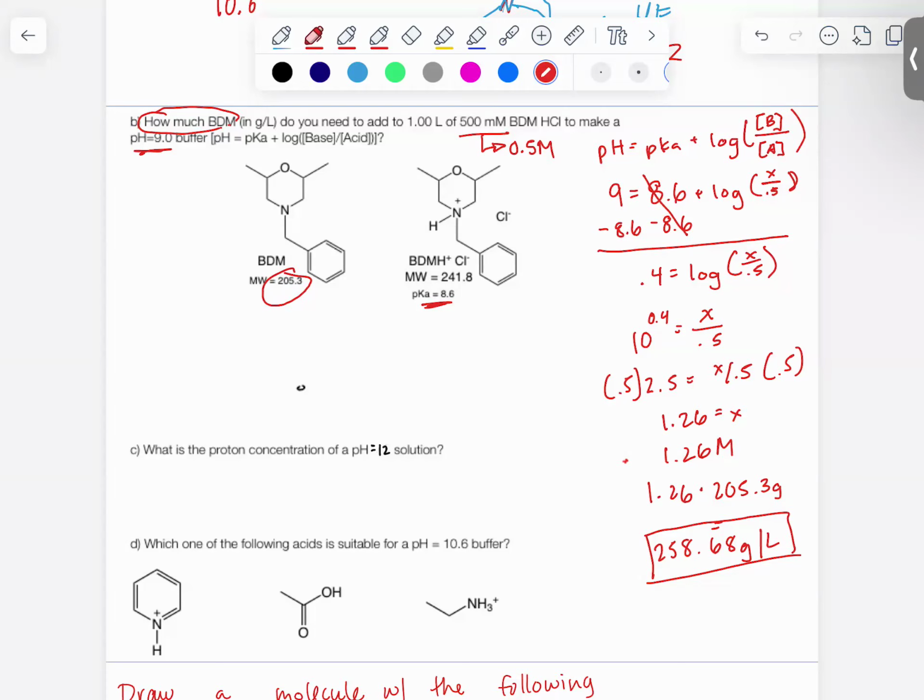We are not changing our pH nor our pKa, because we're adding VDM, not VDMH plus. We're adding base, not the acid. So we want the form that doesn't have the proton attached.